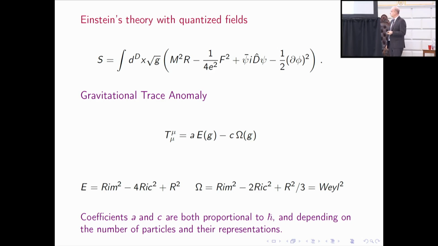Now, coefficients A and C are both proportional to h bar, but I'm not writing it explicitly, as I said. And they are also proportional to the number of particles that participate in those quantum loops that give rise to that gravitational scale anomaly. So all of them, spin 0, spin 1, spin 1/2, contribute with the same sign, actually, to it. And A and C are just some combination of those numbers.